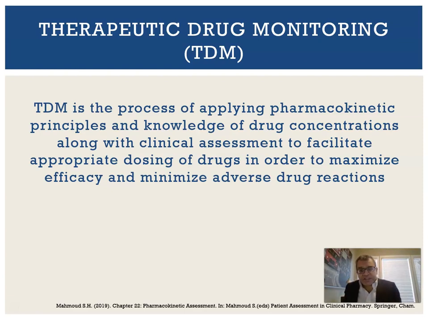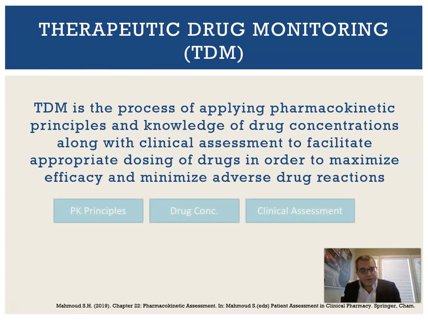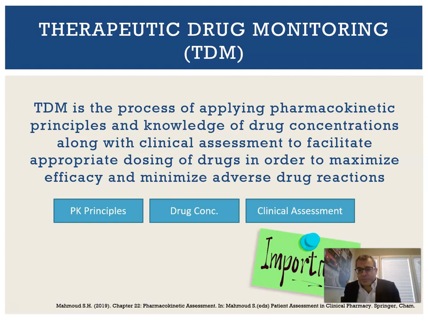So the definition had three components, right? Applying pharmacokinetic principles, knowledge of drug concentration, and clinical assessment. And clinical assessment is the most important part in this process. We look at the patients, not at the numbers, okay?